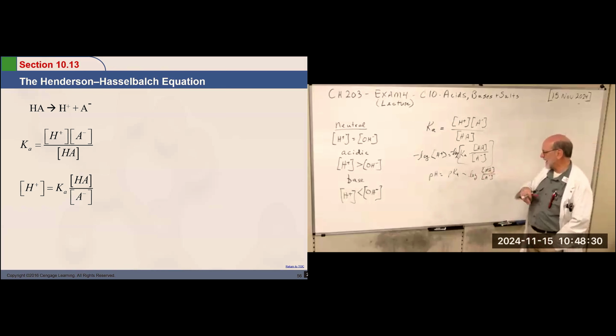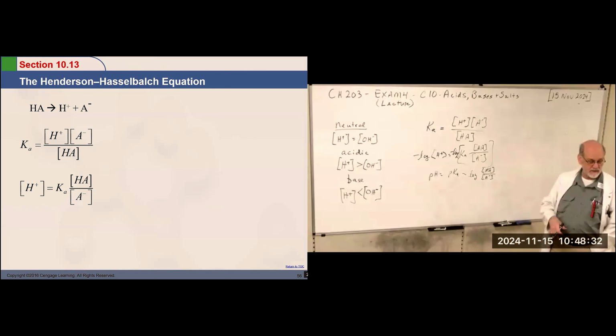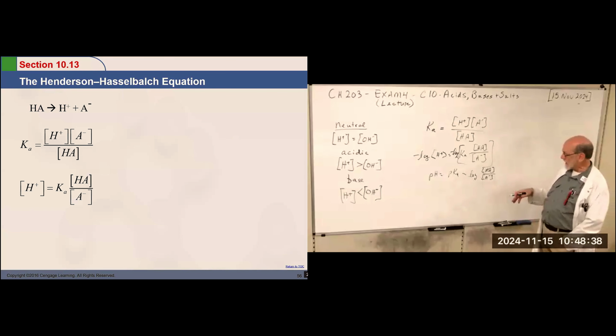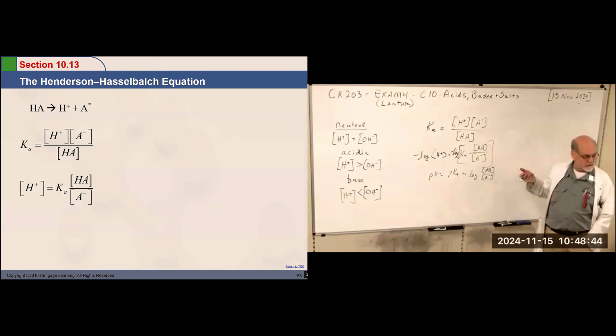So he said, how do I get rid of that negative? Well, it's an identity of logarithms that if you have a quotient of two variables in a logarithm, and you invert it, you change the sign.